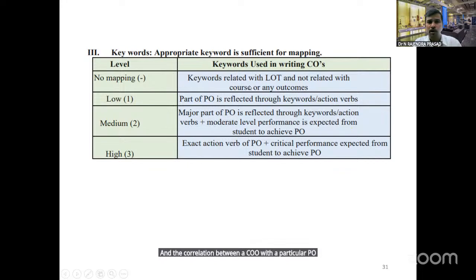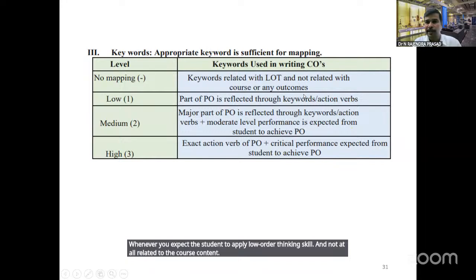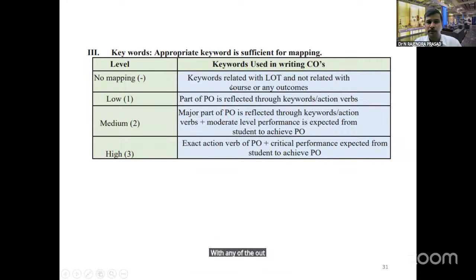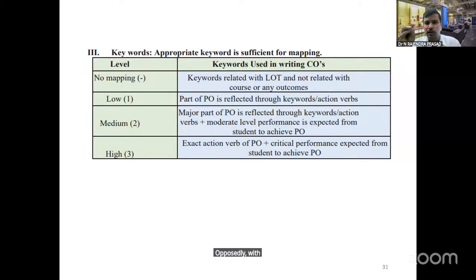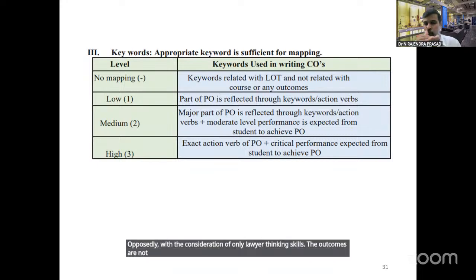No mapping is involved whenever you expect the student to apply low order thinking skills and not at all related to the course content with any of the outcomes. No mapping. That is, the understanding level is assessed haphazardly with consideration of only lower order thinking skills. The outcomes are not prescribed. No mapping is required between the CO and PO.